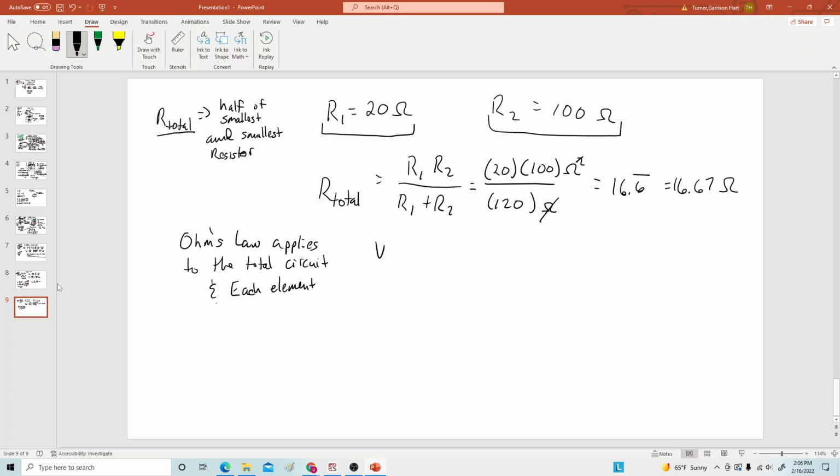So you'll have the value of the battery is equal to the total current times the total resistance.